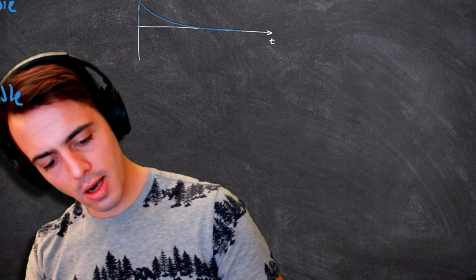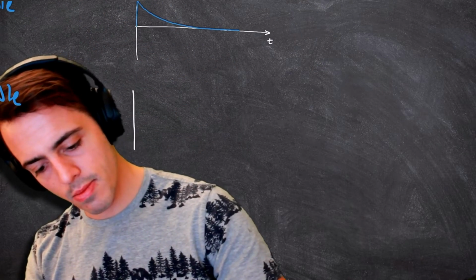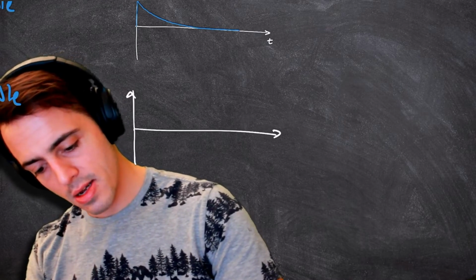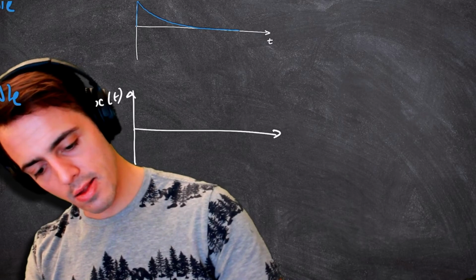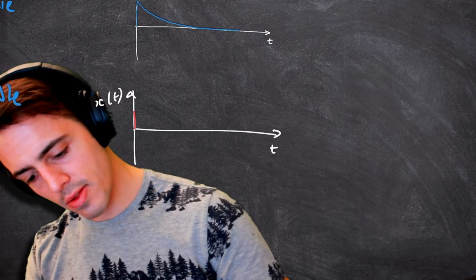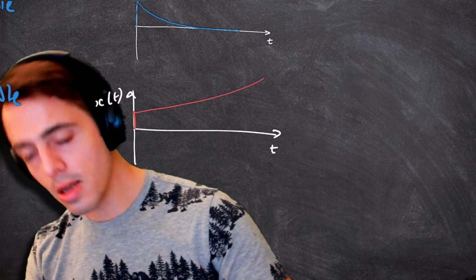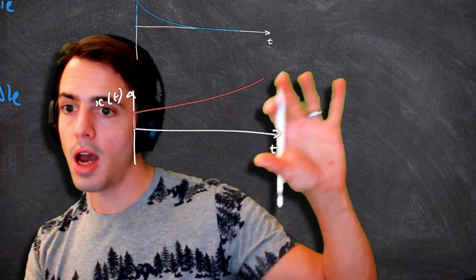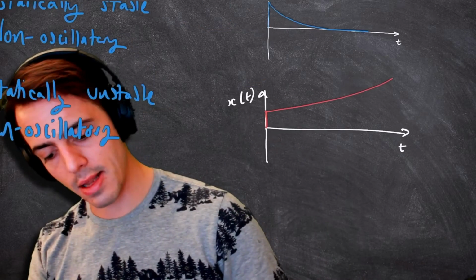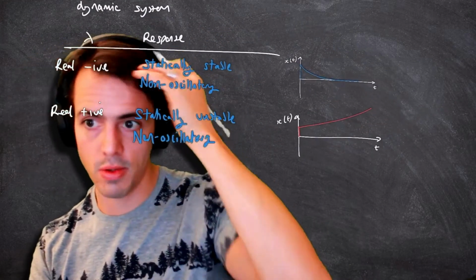So what this would look like is, again, same system. It can't be the same system because it's exhibiting different phenomena. But let's say this is a similar system. This means that after some initial displacements, we would see exponential divergence, or again, this idea of static instability. And both these modes are non-oscillatory.